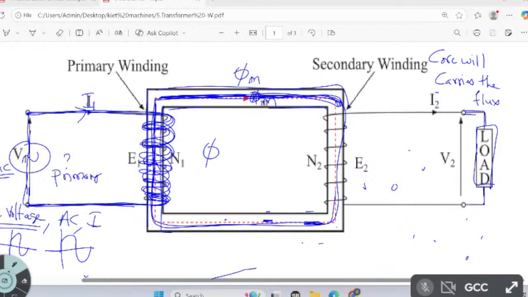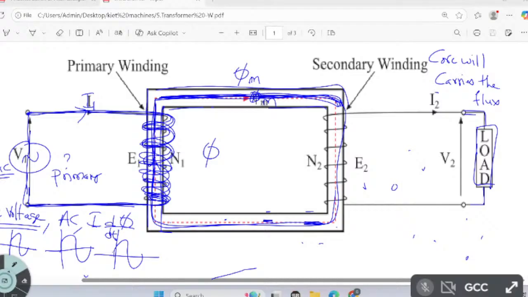The voltage is AC, the current is AC, and the flux established in the core is also AC, so it is d phi by dt, changing with respect to time.